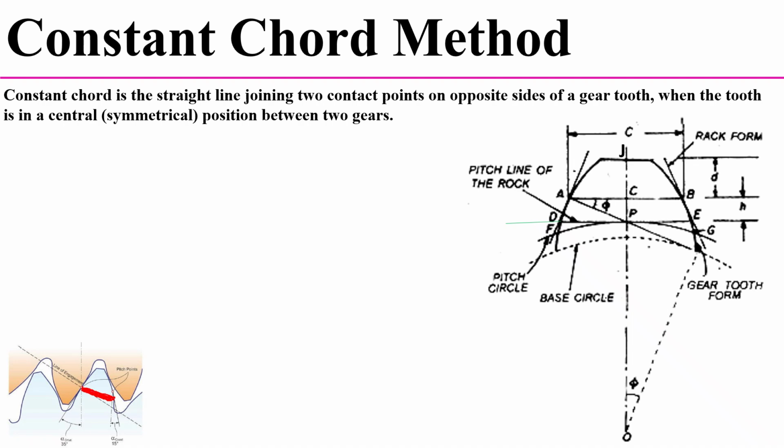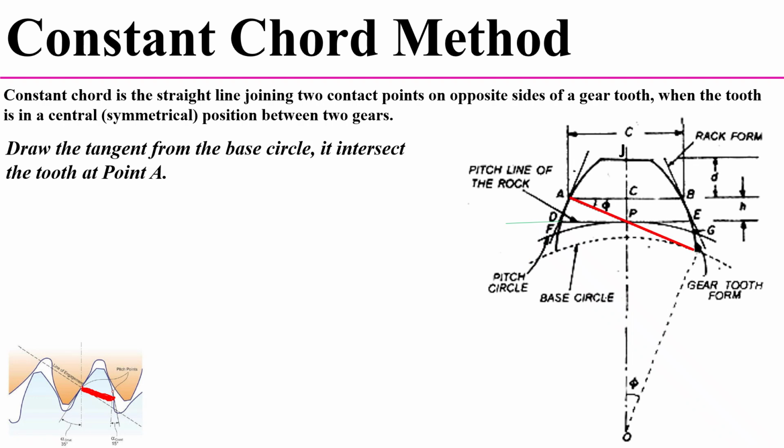Let's see how to draw this constant chord. This is the schematic representation of a single tooth, this is the base circle, and this is the pitch circle. Let's see the procedure.